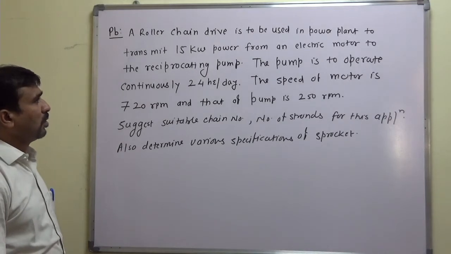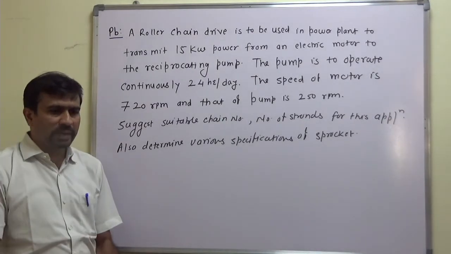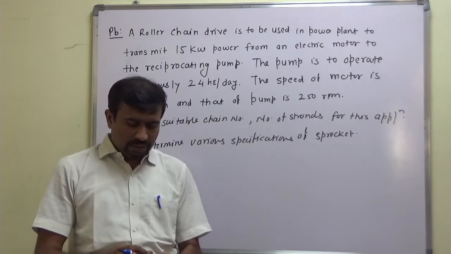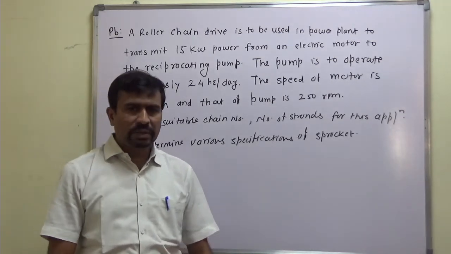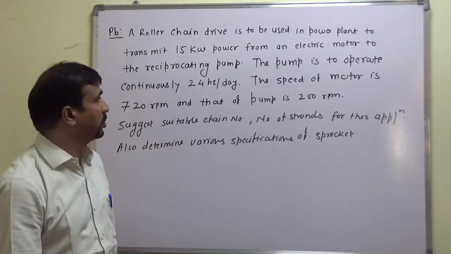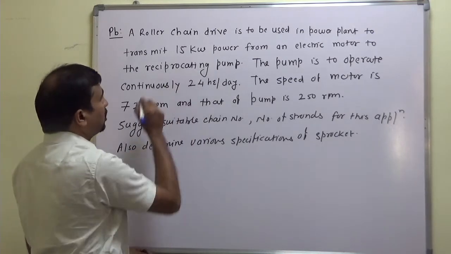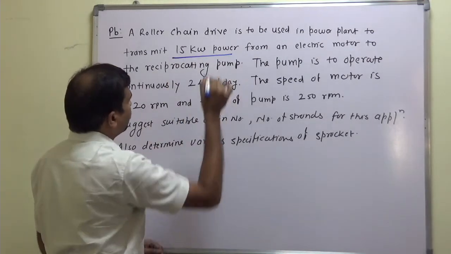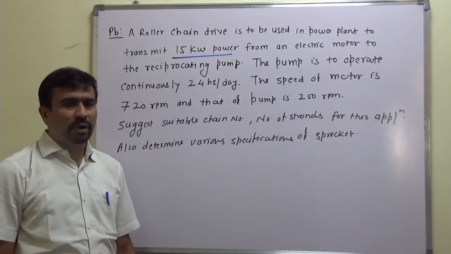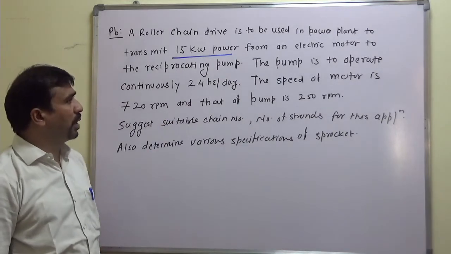We need to design or select a suitable chain number and number of strand to transmit some power with some velocity ratio. Okay. So what are the important parameters which are given? That is rated power PR is 15 kilowatt.